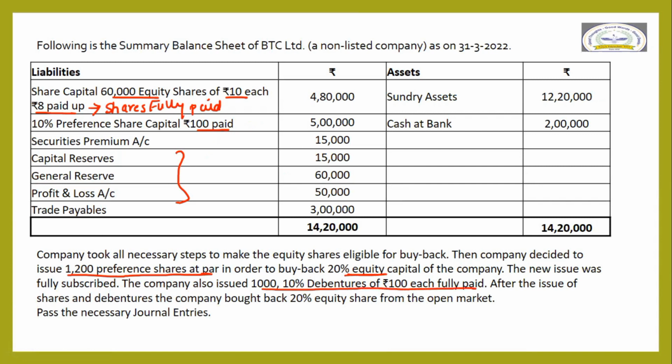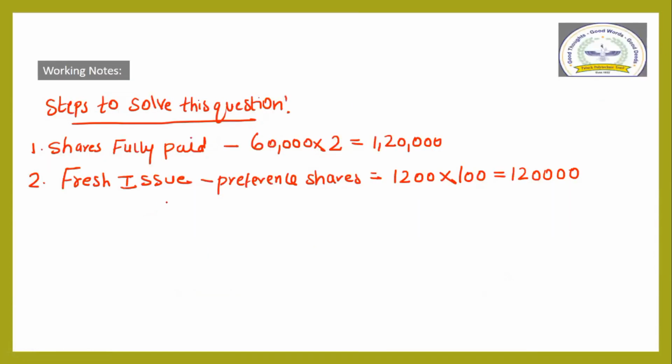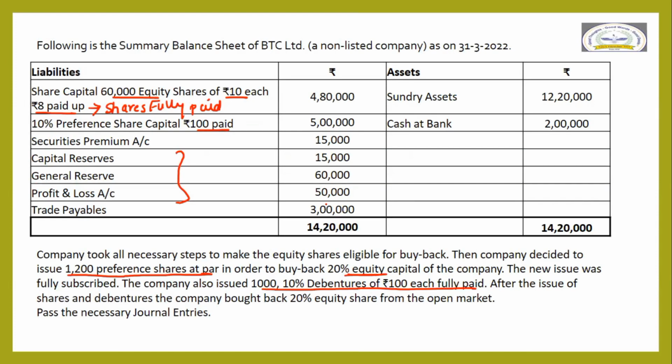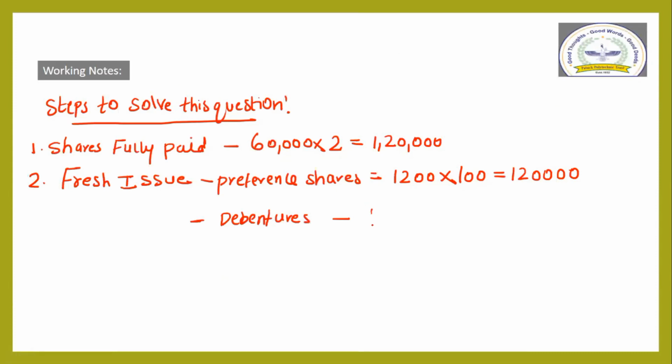It means, students, in this question we have two fresh issues: one fresh issue of preference shares and a second fresh issue of debentures. The company has issued 1,000 debentures, multiplied by 100 each, which is 1 lakh rupees.